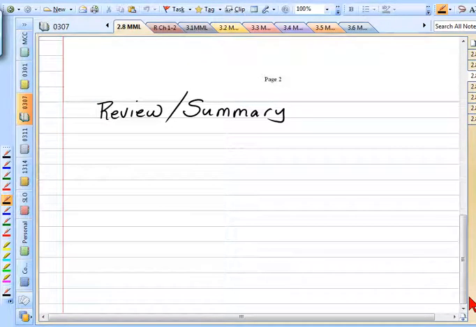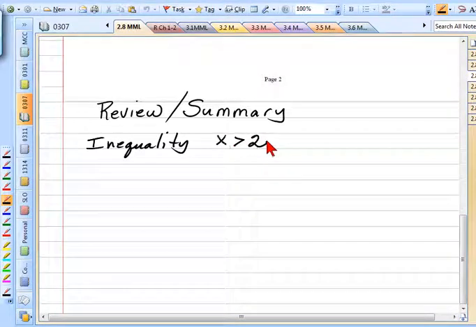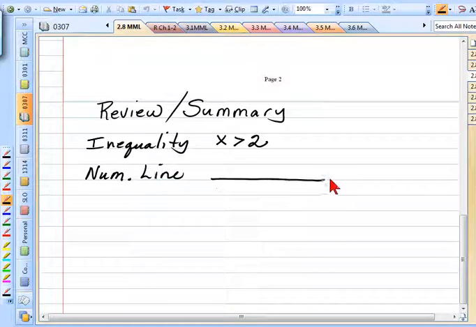All right, let's suppose that I have the answer in inequality. Maybe we've solved a problem, and we get x is greater than 2. Could you draw that as a number line? Okay, what would it mean? You'd have your number line.